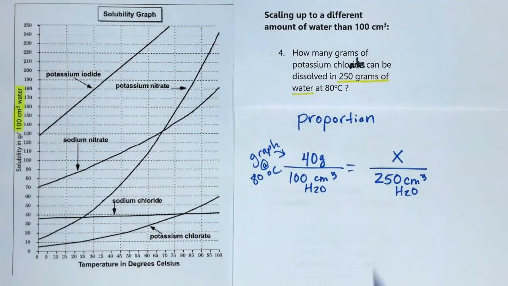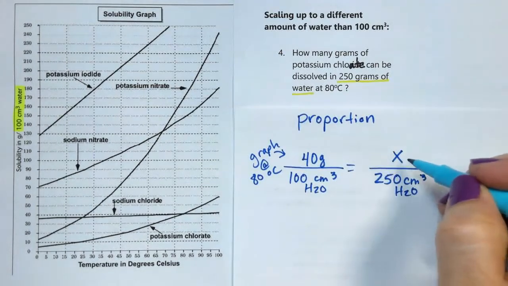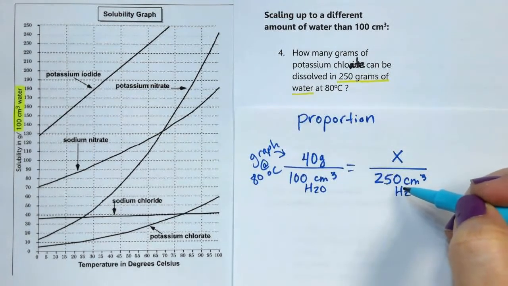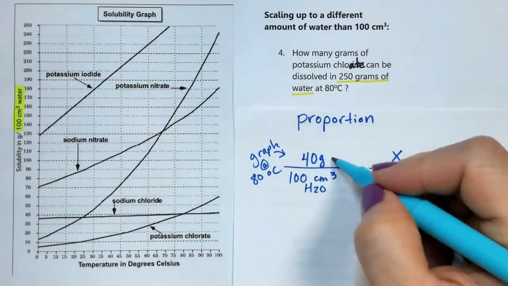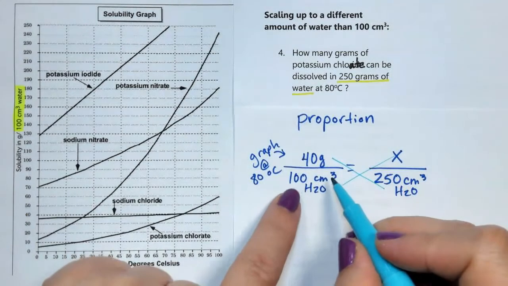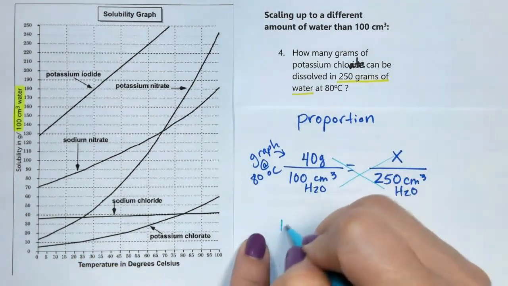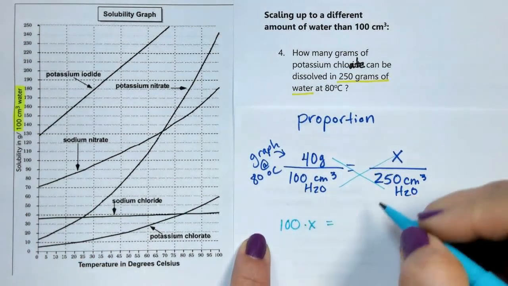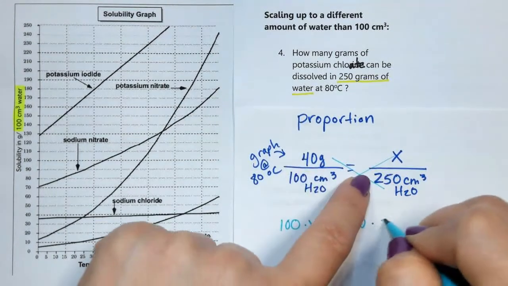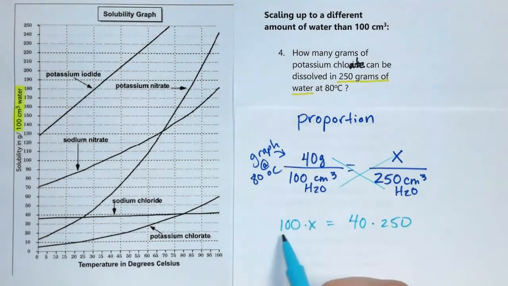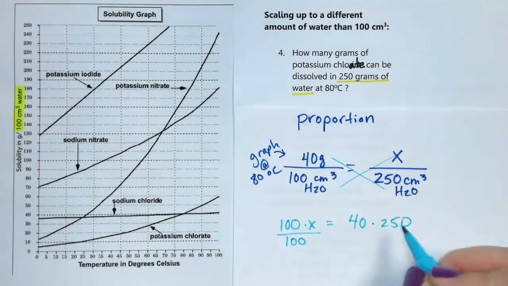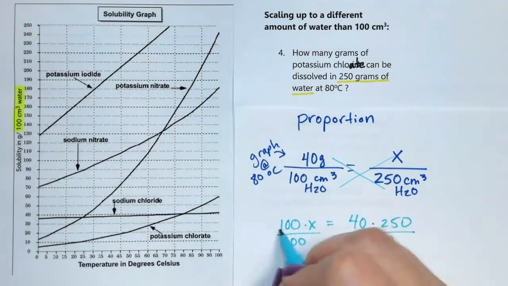So now I'm going to solve the proportion for x in order to scale up my amount of water, and then how much would saturate this amount of water. So we'll do a cross multiply. Here we get 100x is equal to 40 times 250, and then of course we're going to divide both sides by 100 in order to isolate our x.